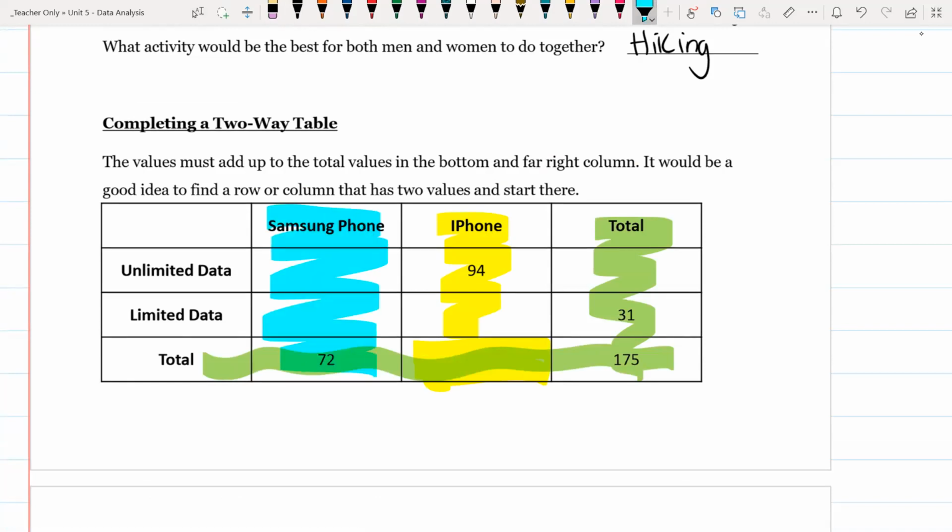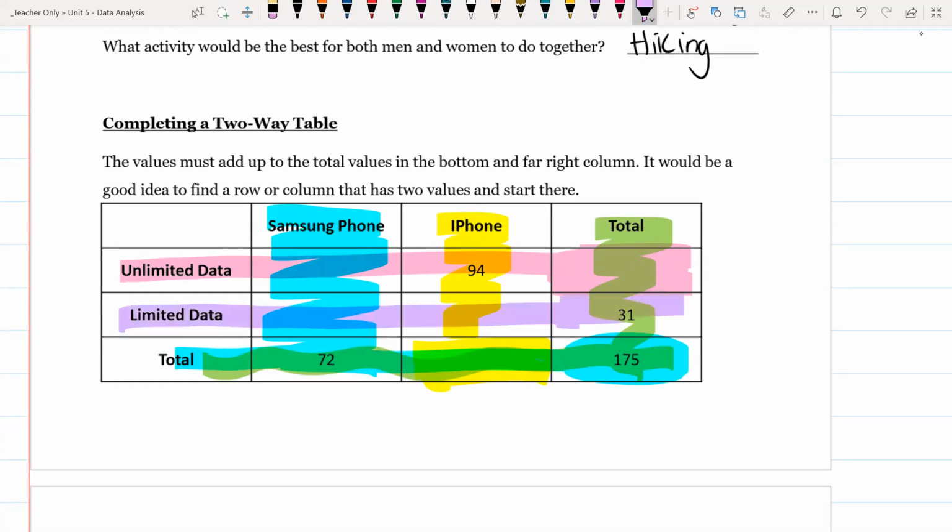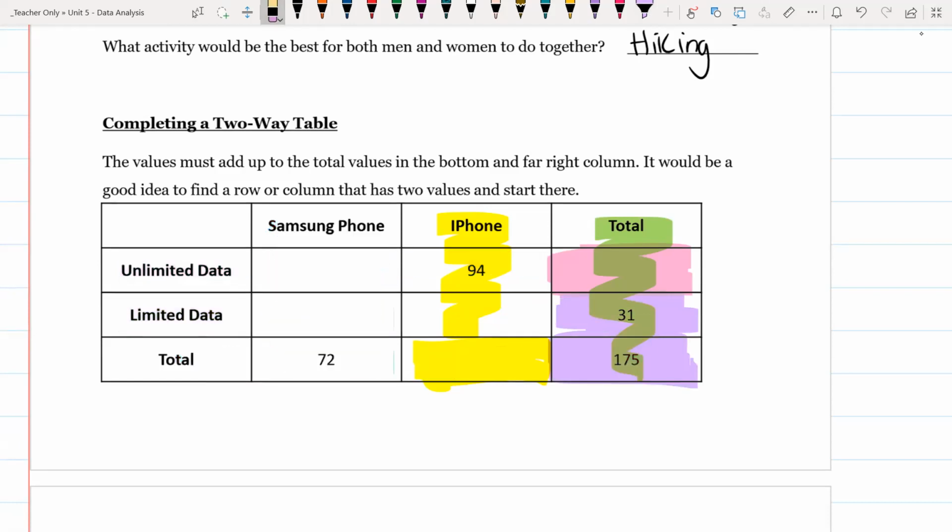But together, they add up to this 175. Same thing with the data. We have the unlimited data here, there's this total. We have the limited data, and that has to add up to 175. So it's kind of like the big table, they all add up to this 175.